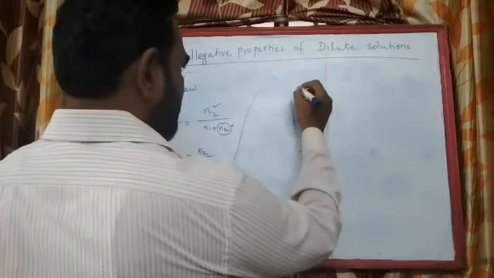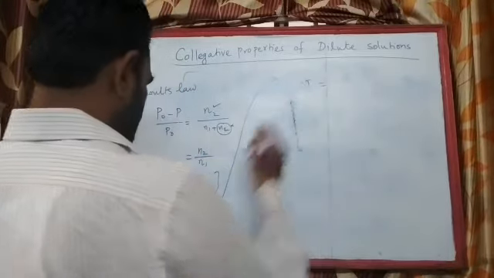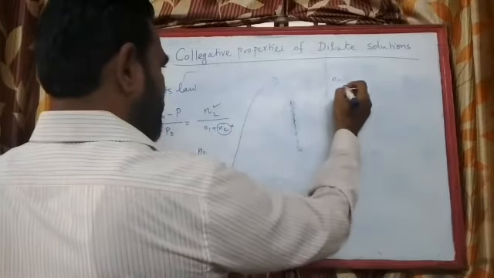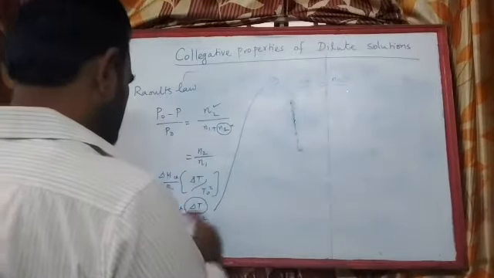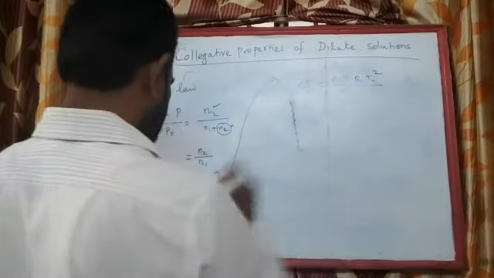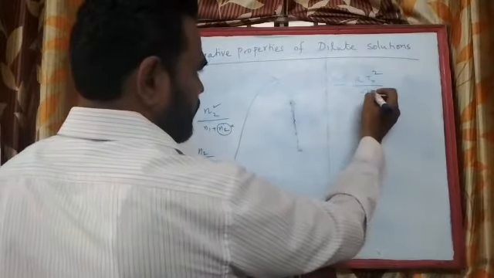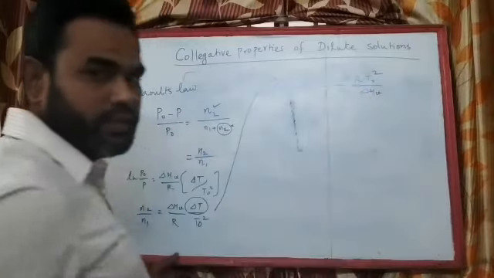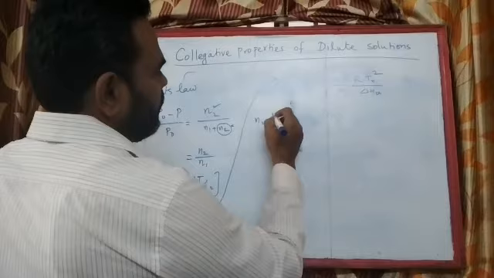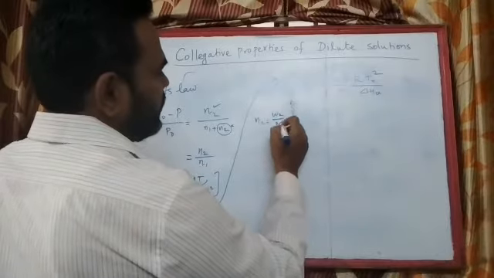So now delta T in this equation is equal to N2 by N1 into R T0 squared divided by delta HV. Where N2 is equal to W2 by M2.